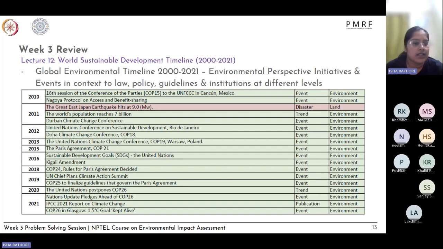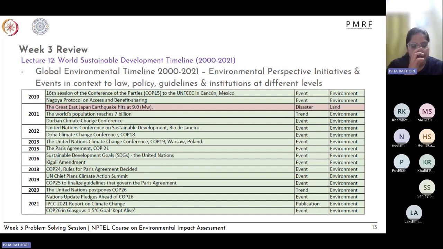In COP26, which happened in Glasgow, they also discussed the 1.5-degree goal. That is, the surface temperature of the Earth should not go beyond 1.5 degrees. They have different scenarios in which, if the temperature goes above this limit, which is currently set at 1.5 degrees, it is not reversible.